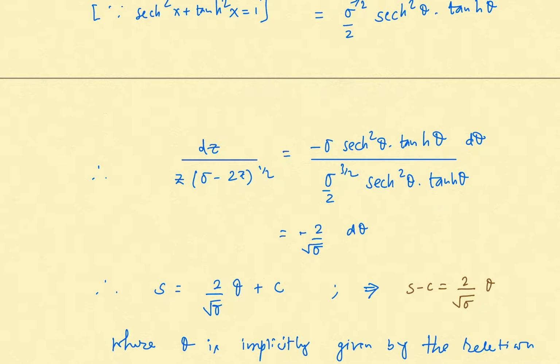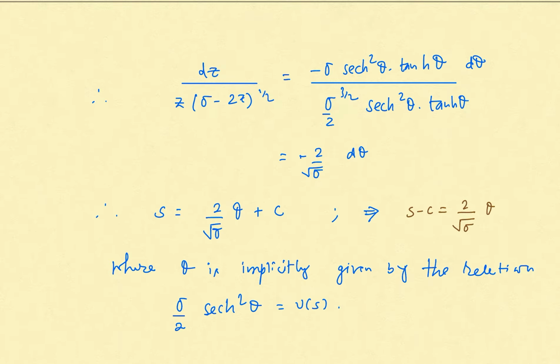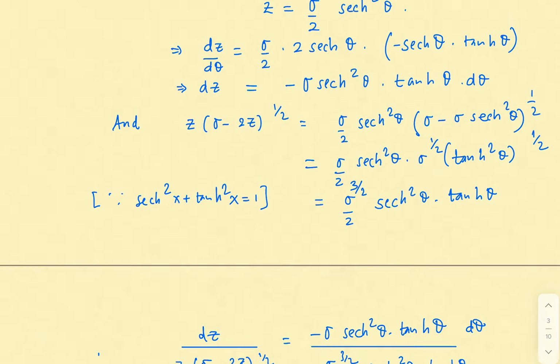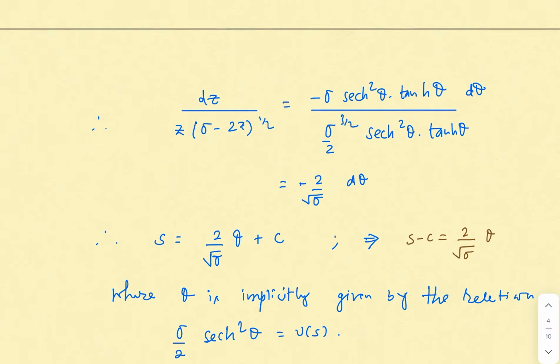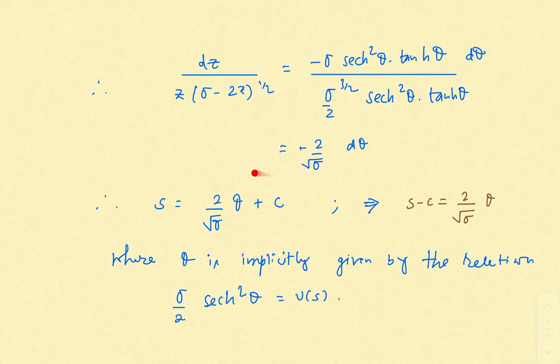And again, by integration, we get s equals, from our initial formula, negative 2 over square root of sigma times theta plus c. That means s minus c equals 2 over square root of sigma times theta.